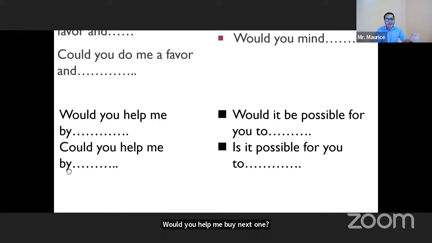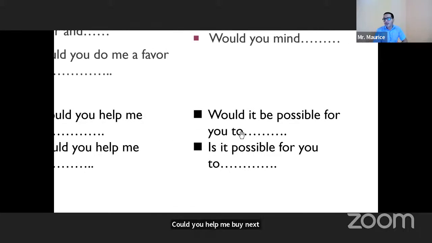Could you help me buy? ¿Podrías ayudarme? Next one. Would it be possible for you to? ¿Sería posible que? And the last one, is it possible for you to? ¿Es posible que?